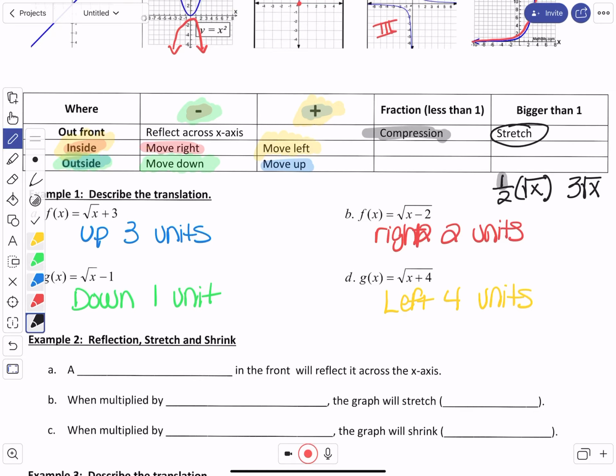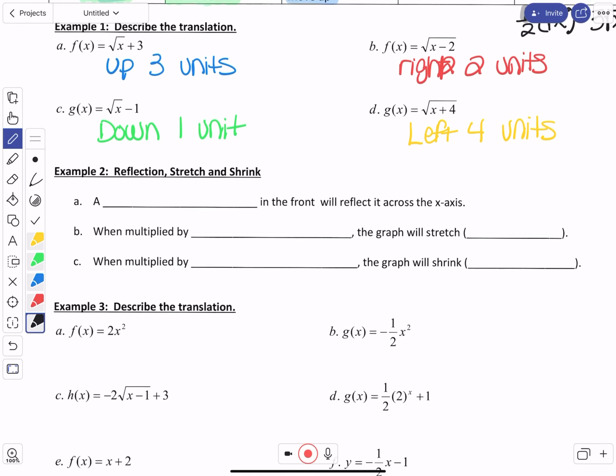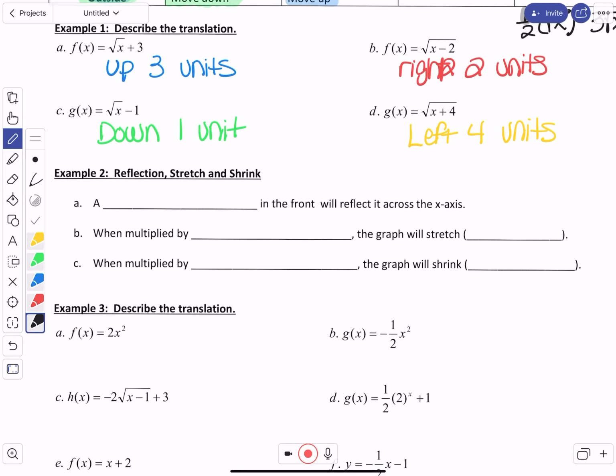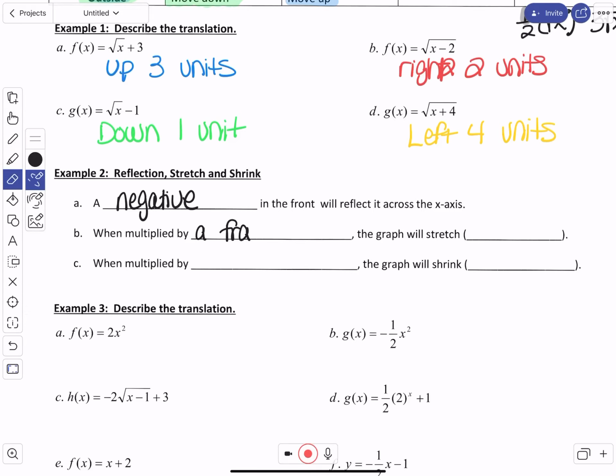Okay, so moving on. A blank in the front will reflect it across the x-axis. So a negative in front will reflect it across the x-axis. When multiplied by blank, the graph will stretch. So when multiplied by a whole number, sorry, I got ahead of myself.